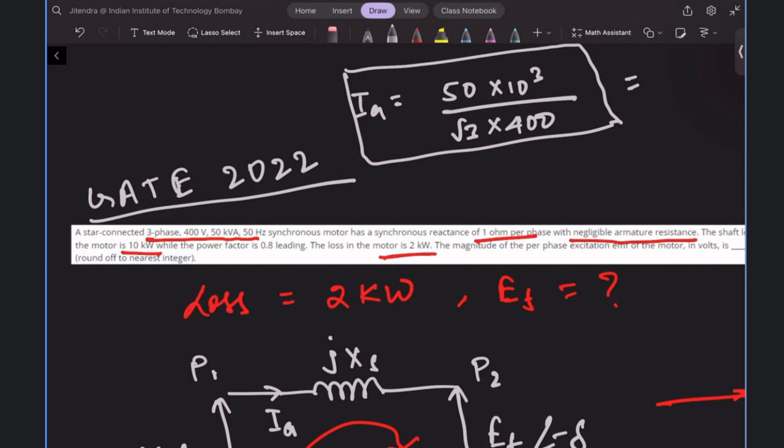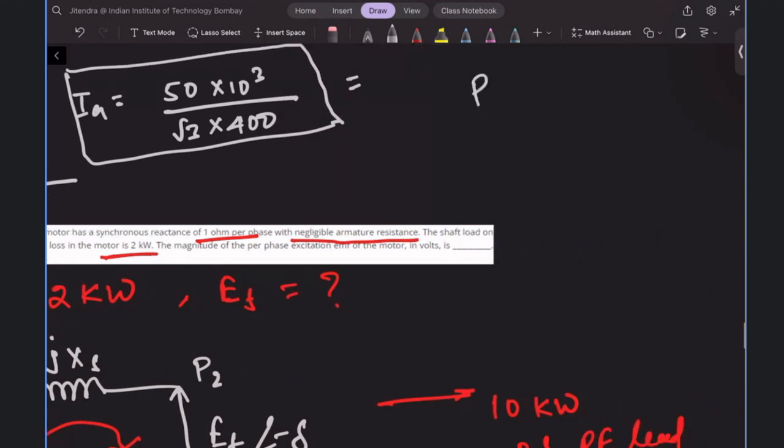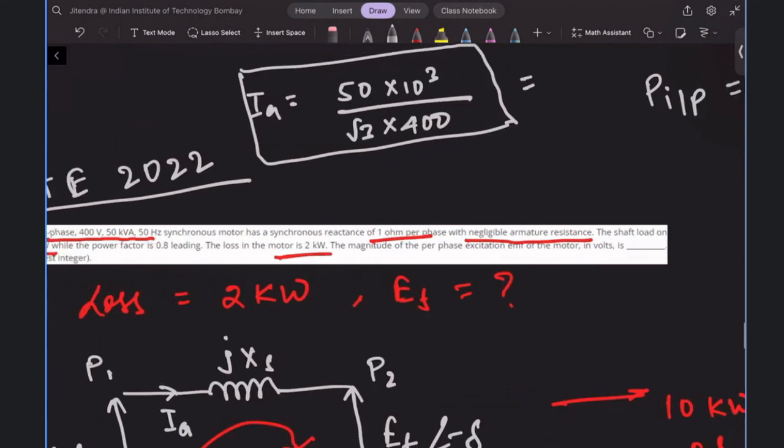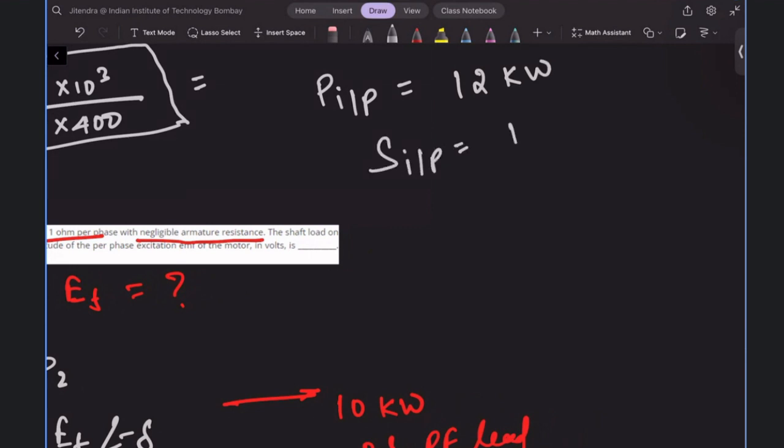And what is given as condition is that input power is 12 kilowatt, and if you find the input kVA, that will be 12 kilowatt divided by 0.8.